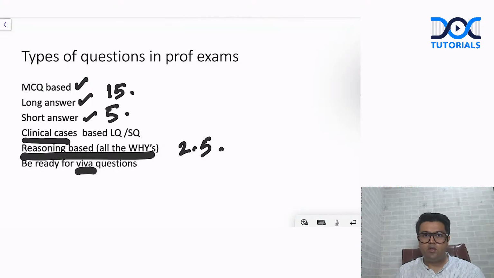I will not ask you to name the enzyme deficient in von Gierke's disease, for example. But I can ask you to name the disorders which are type 1, type 2, type 3 glycogen storage disorders, or which glycogen storage disorder doesn't affect the muscles or doesn't affect the liver, like that.